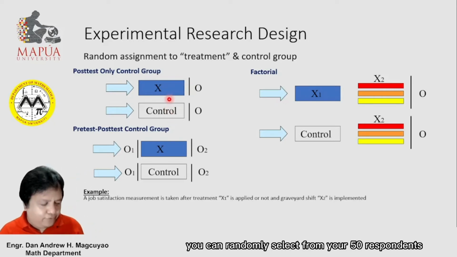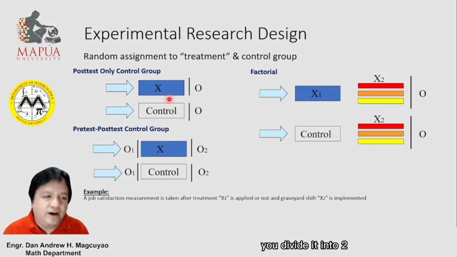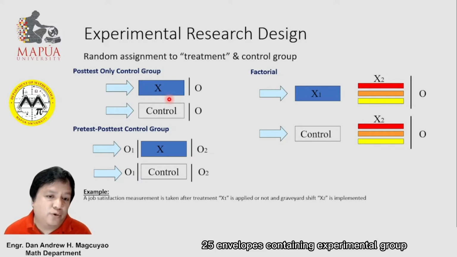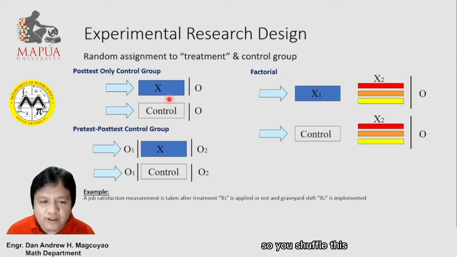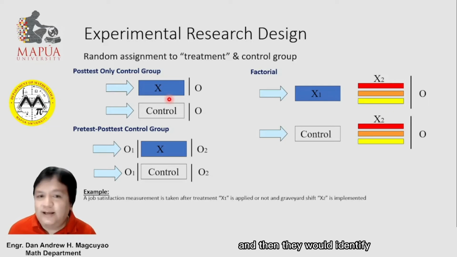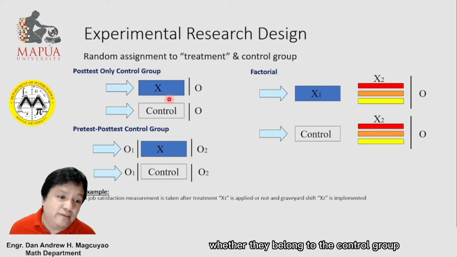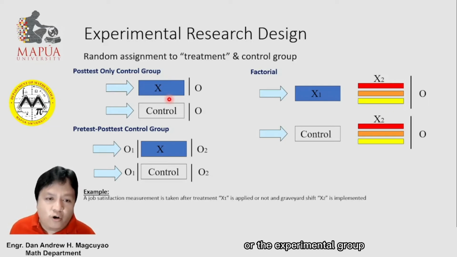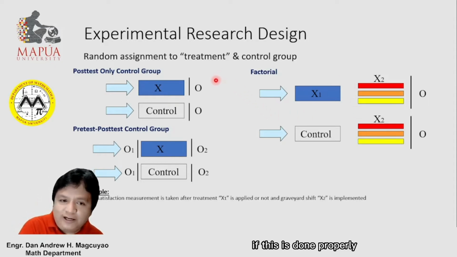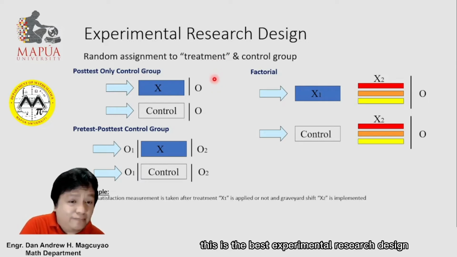Or you can randomly select from your 50 respondents, you divide it into two. So you have 25 envelopes containing control, 25 envelopes containing experimental group. So you shuffle this and then distribute it to the 50 participants. And then they would identify whether they belong to the control group or the experimental group. If this is done properly, this is the best experimental research design.